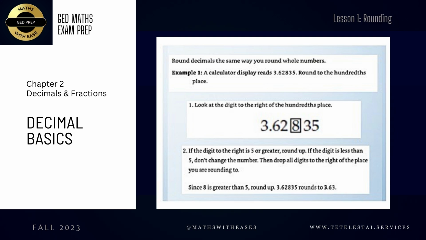Once you've made your rounding choice, you can drop all the digits to the right of the place that you're rounding to. So in this example, since 8 is greater than 5, you would round up 3.62835 to simply 3.63.